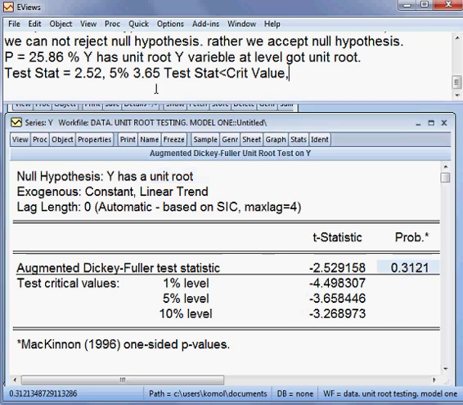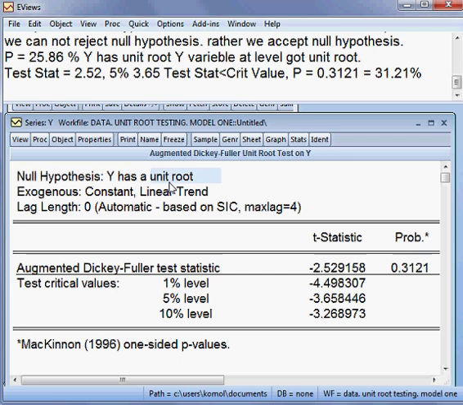How much is the p-value here? 0.3121, meaning 31.21%, which is more than 5%. So what is the guideline? The guideline is that if the p-value is more than 5%, we cannot reject null hypothesis. Rather, we accept null hypothesis, meaning that y has a unit root.